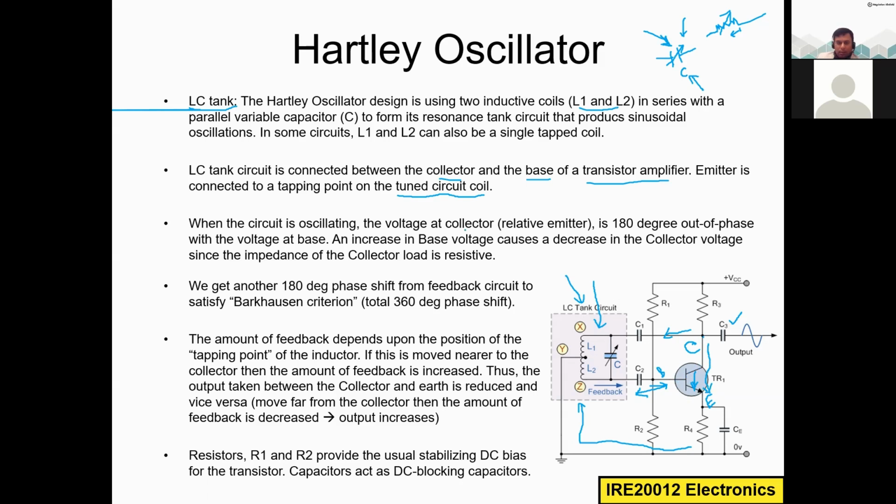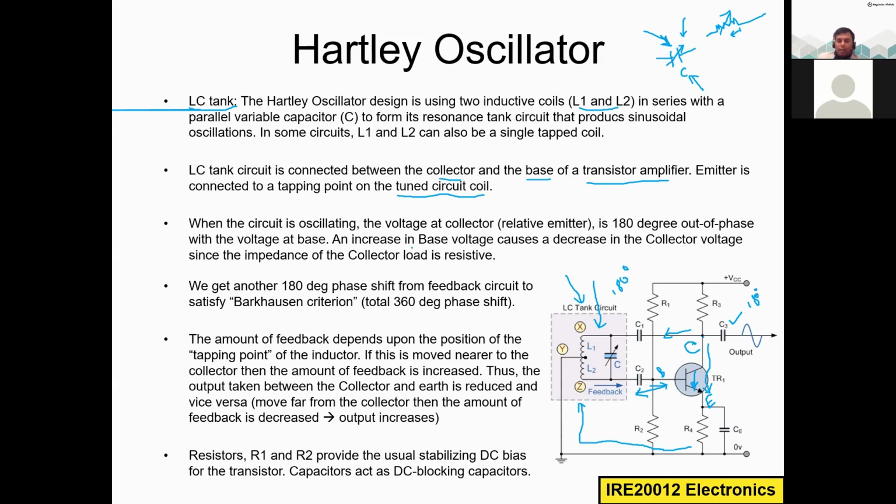So that is what is mentioned here. Of course, the transistor is giving a 180-degree phase shift, and this feedback circuit is producing a 180-degree phase shift. This is the standard, and we get 360 degrees at the output. That is not a big problem.